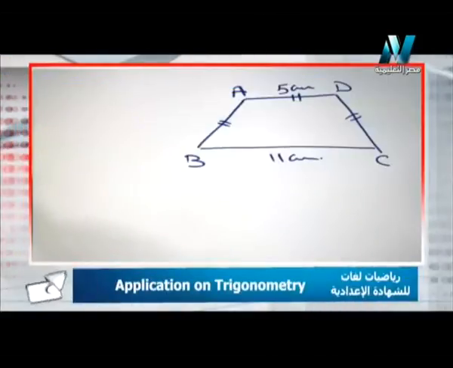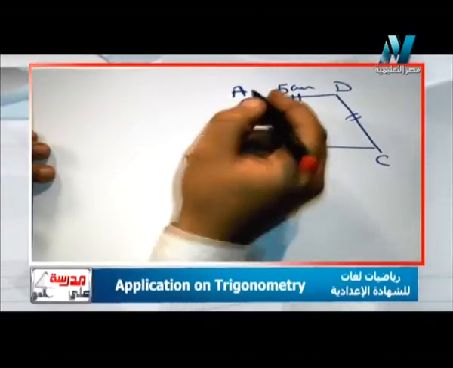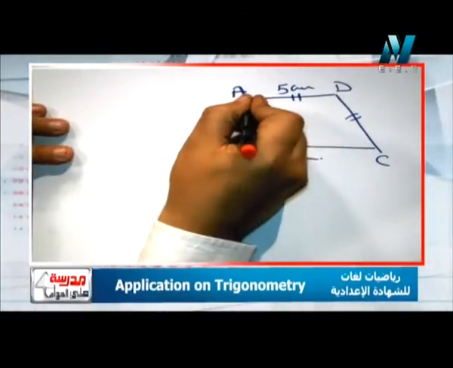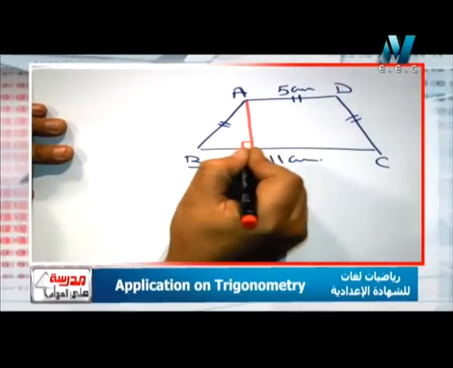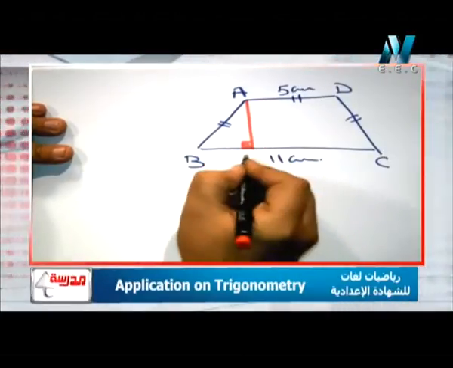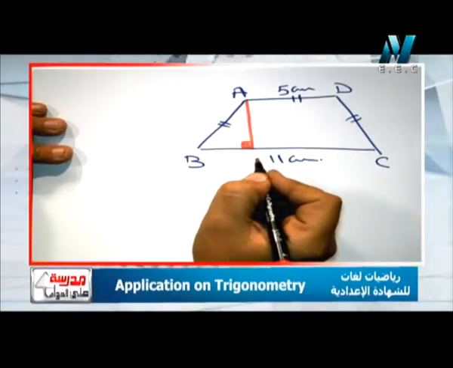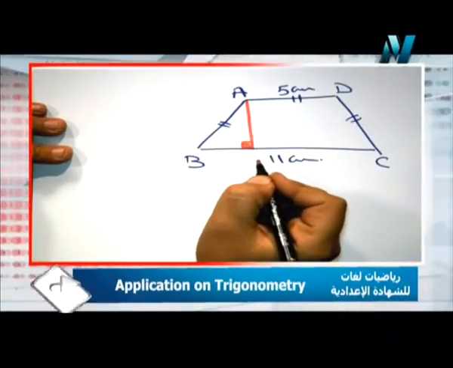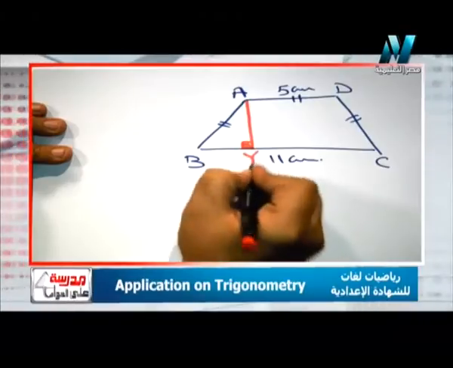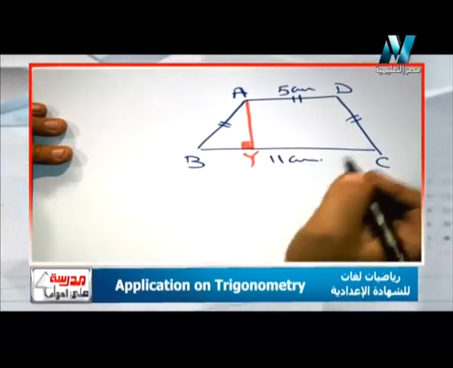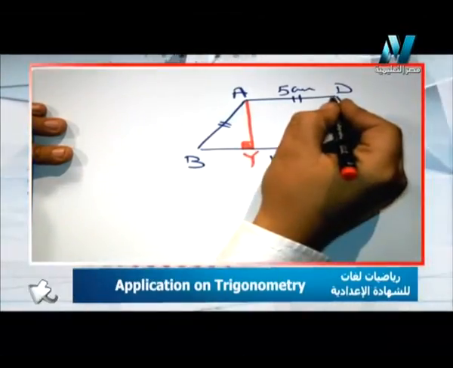And as we said before, to construct a right angle triangle here, I'm going to draw a perpendicular line from A, like this, and I'm going to name this vertex Y. And we have another construction here.